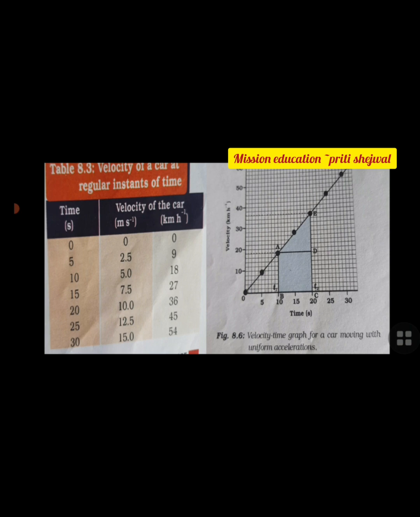Means at every 5 seconds the velocity changes by 9 meter per second. Okay. So 18 minus 9 gives you 9 meter per second. Velocity is changing. That means it is not uniform motion, but velocity is changing uniformly. This is the example of uniformly accelerated motion.